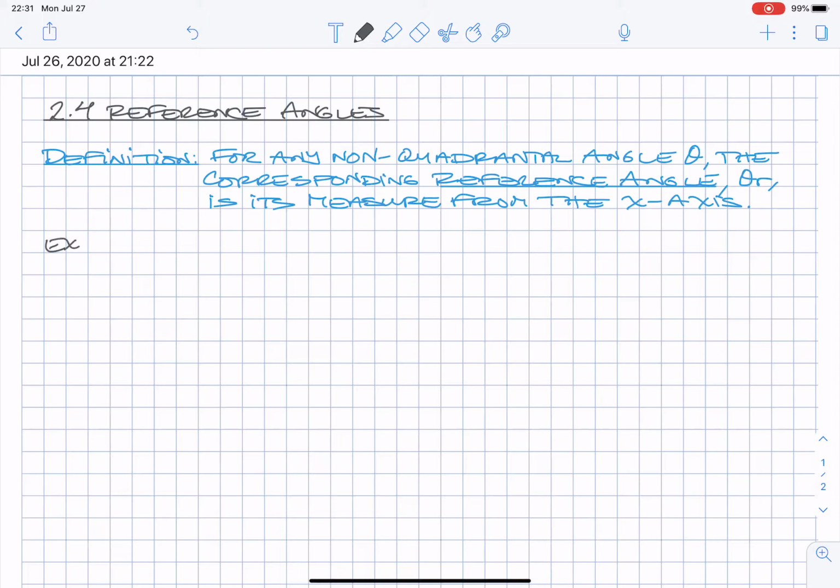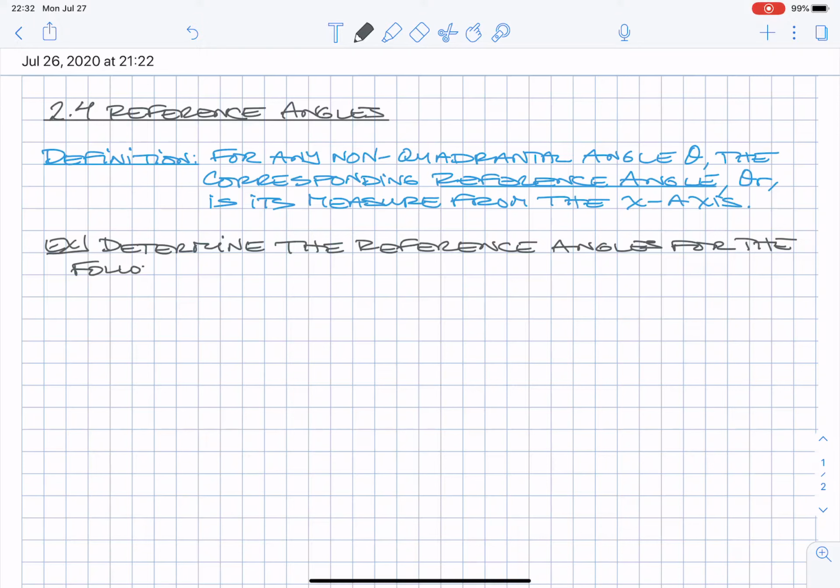So for example, determine the reference angles for the following. Okay, so number one, let's do theta is equal to 45 degrees.